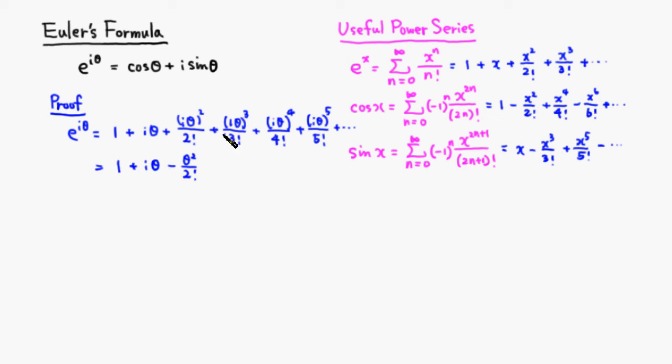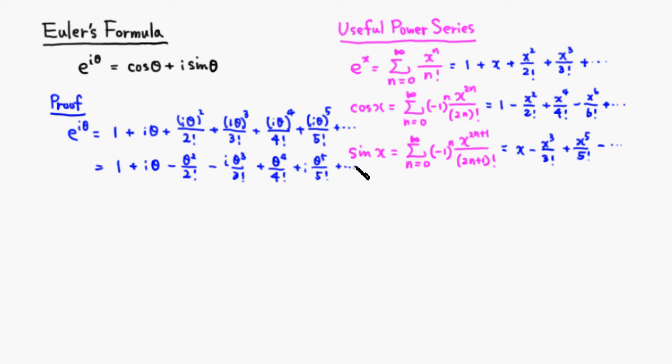Here, this is going to be i cubed. i cubed is i times i, which is -1, times i, so it's going to be negative i, then theta cubed over 3 factorial. i to the 4th is going to be +1, so it's just plus theta to the 4th over 4 factorial. For i theta to the 5th, i to the 4th is 1, so it's going to be simply i, then theta to the 5th over 5 factorial.